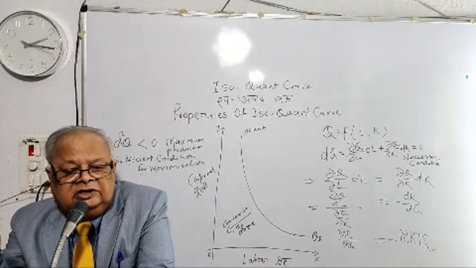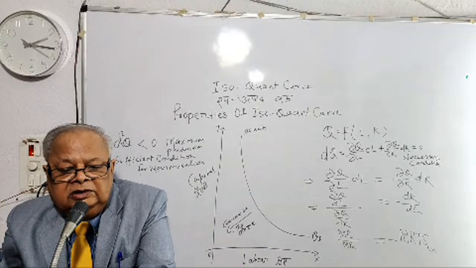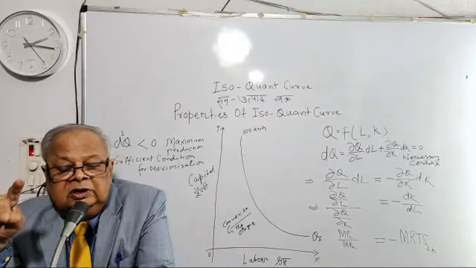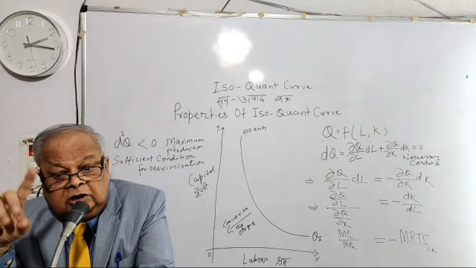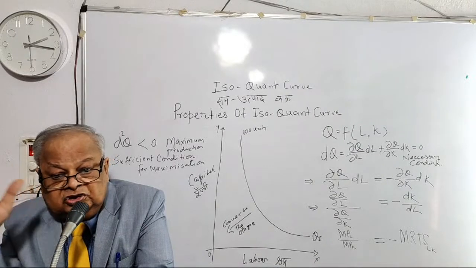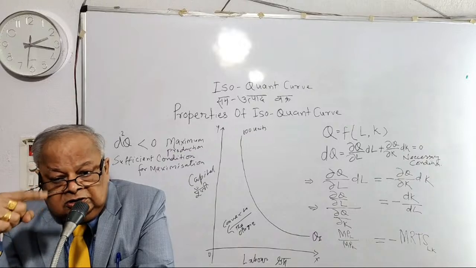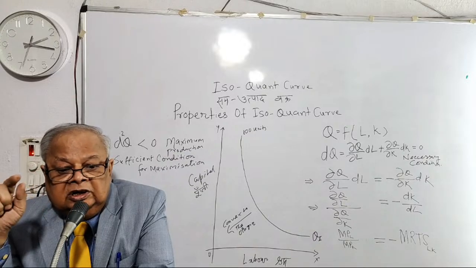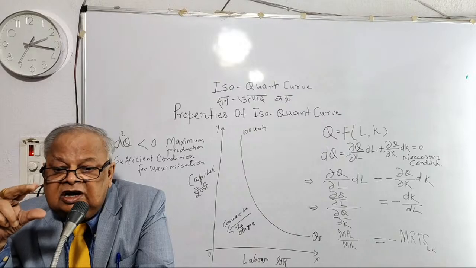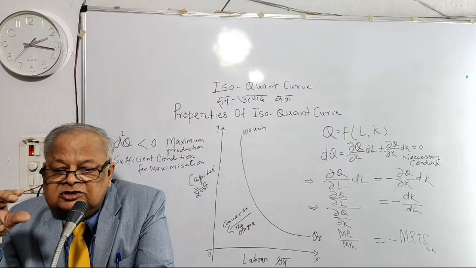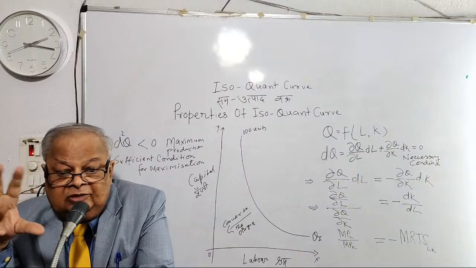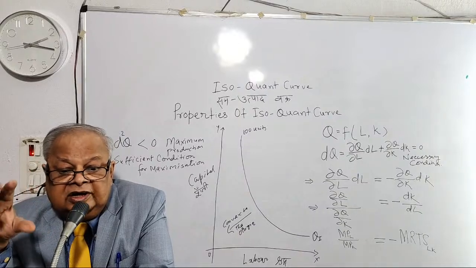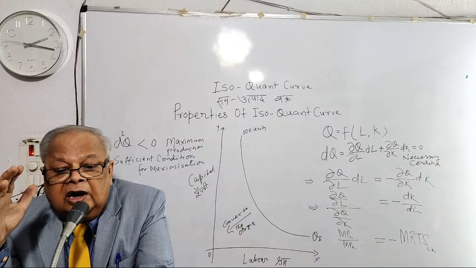The second property is that the isoquant must be convex to the origin. It is not to be concave, and it is not to be a straight line. Number 3, several isoquant curves drawn on one diagram is known as a family of isoquant curves, that is known as the isoquant map.